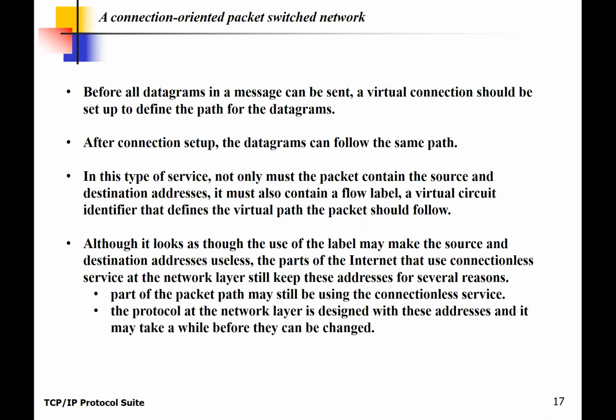We have to know which path to follow. After the connection setup, the datagrams follow the same path. I'm not switching. Then, in this case, you need not only the source and destination address, we need something called a label, and we'll see why we need the label.